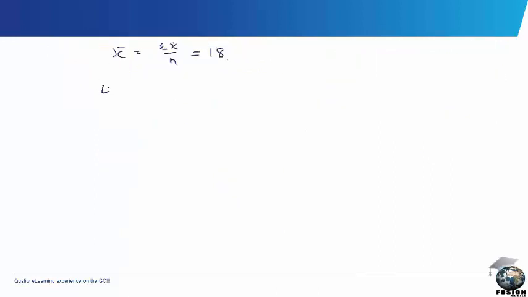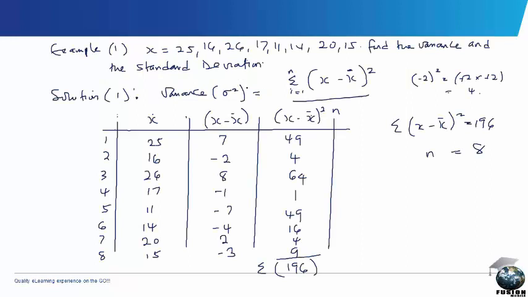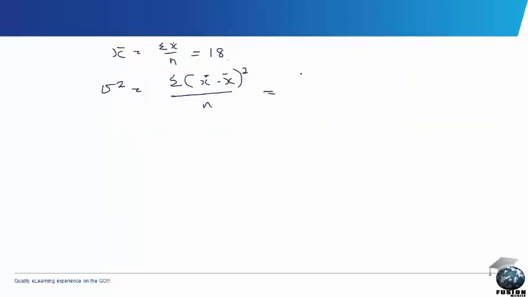The variance is equal to the summation of (x minus x bar) squared all over n, which is 196 all over 8, and when you divide 196 by 8, you have that the variance is equal to 24.5. Now how do we find the standard deviation?